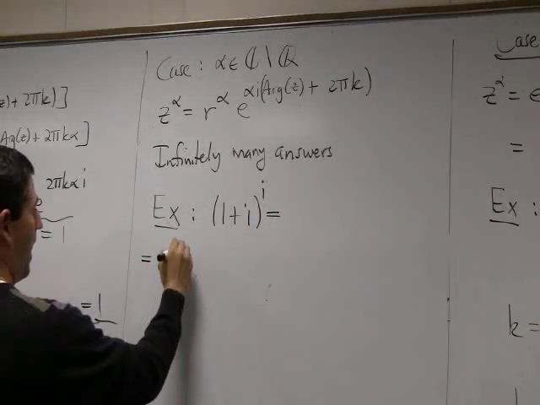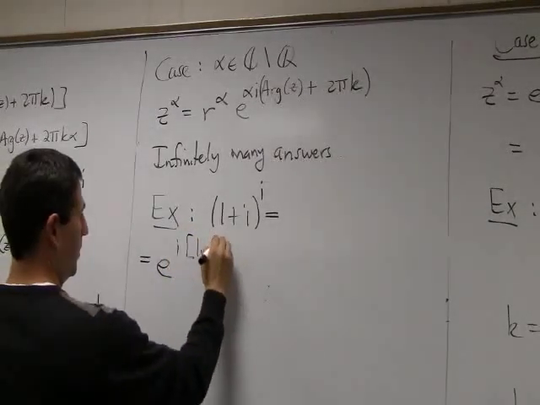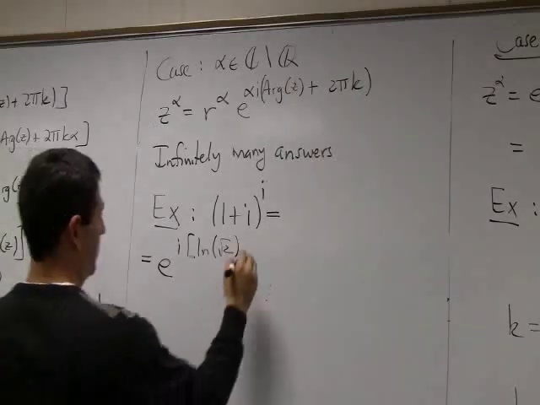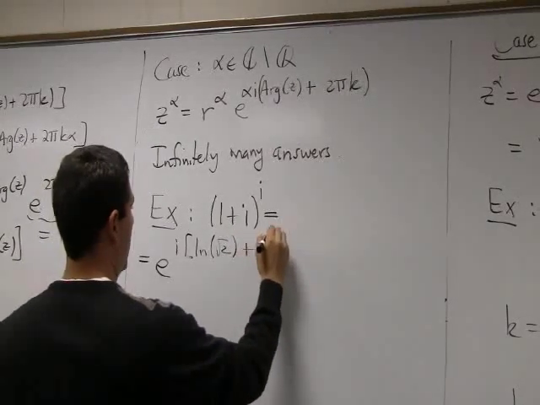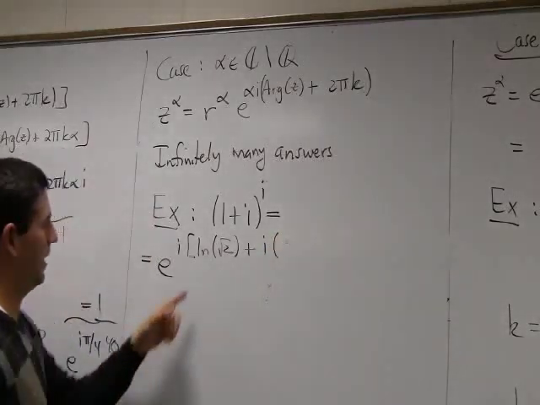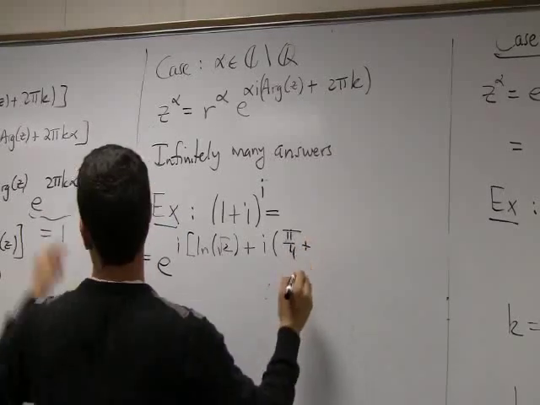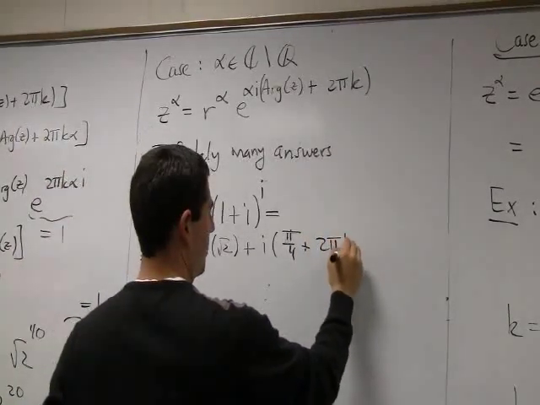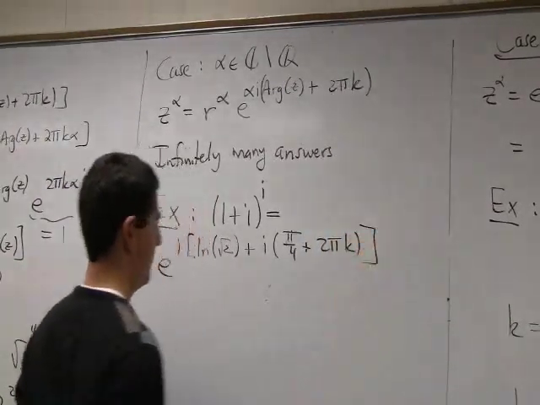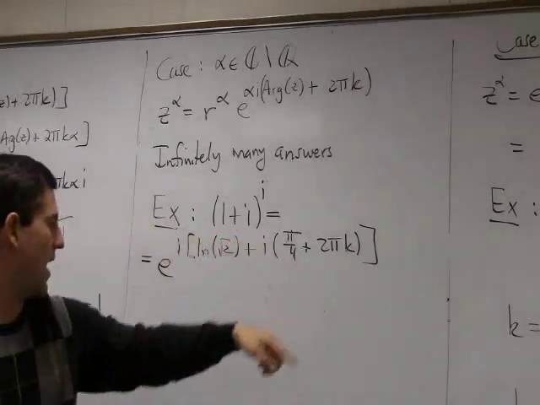e to the i times ln of r, so that's root 2, plus i times the argument of z. So what's the argument of z? That was again pi over 4, plus 2 pi k. Now let's see, I'm going to multiply this i through everything.